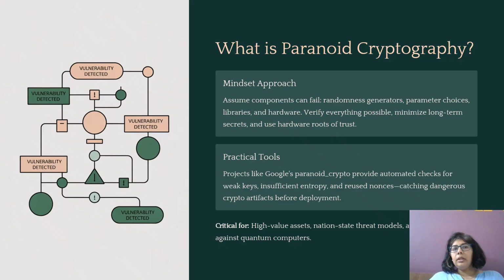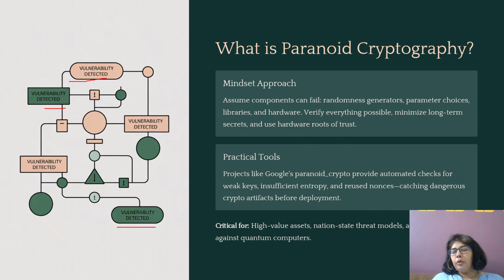Alright, so now let's come to what paranoid cryptography is. We are looking at a flow where a vulnerability is detected. You have different connectors where hashing is happening and vulnerabilities at different stages of your flow.